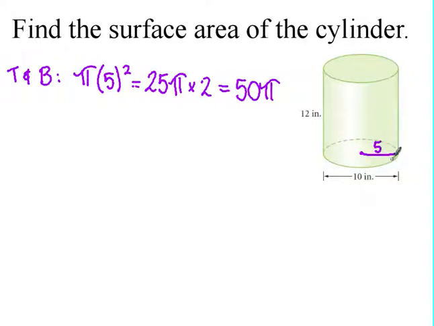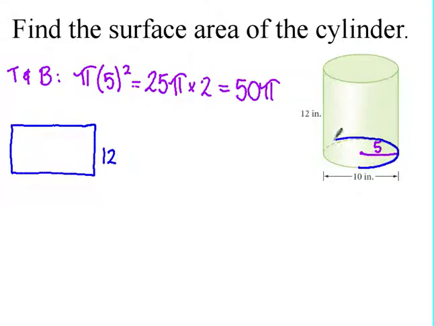So now, does anybody remember what the shape of the cylinder in the middle is? It's supposed to be a rectangle. And so if you remember with the rectangle, this is the middle. The height in this rectangle will be what? 12. Now I've got to find that distance there. That distance is the same as this right here.